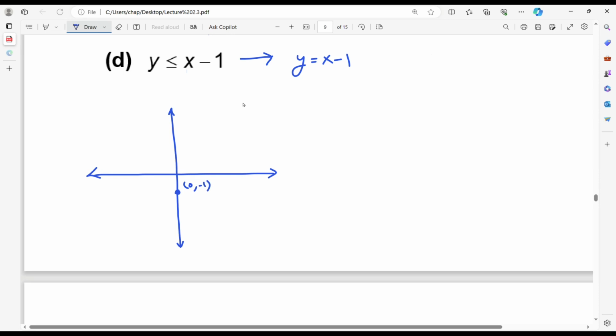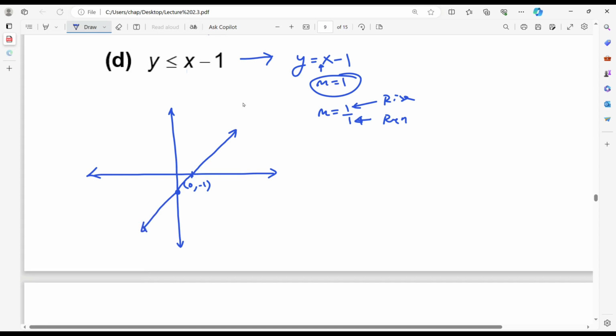And then we have a rise of 1 and a run of 1 because our slope is 1. And that's by looking at the number in front of the x. So our slope is 1, or I can write it as a fraction 1 over 1. This is my rise, and this is my run. And that gives us our graph, y equals x minus 1.